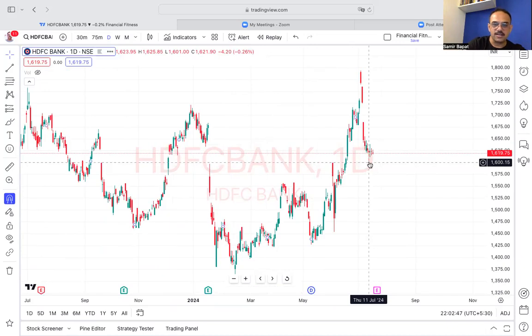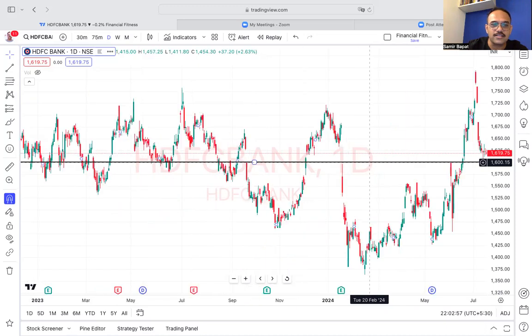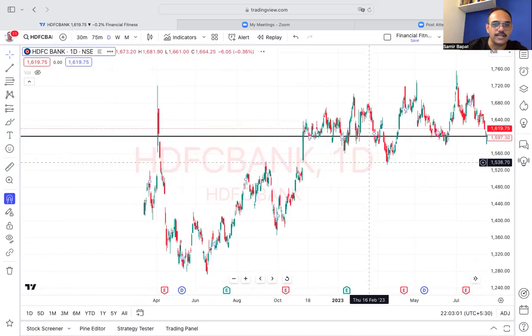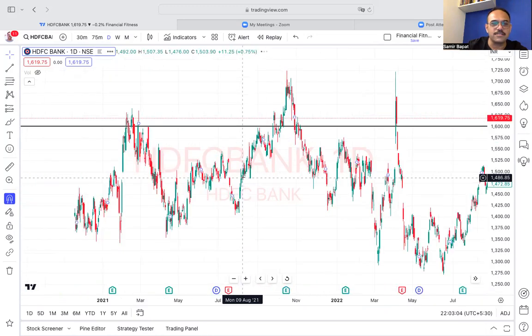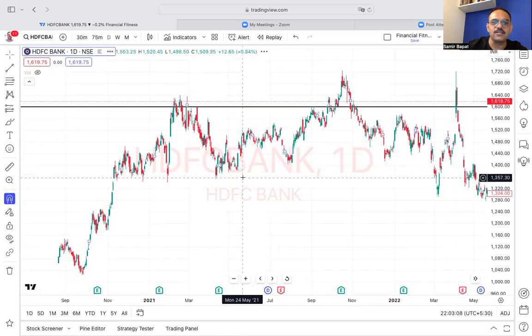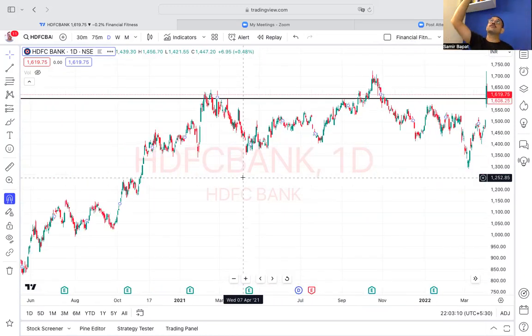Resistance means the ceiling. If you throw a ball and it hits the ceiling and comes down, that is resistance. So you have to see whether at this level there was any resistance. Nothing like that is visible here. In a house also, if I'm staying in an apartment, my ceiling is the floor for the person staying above me, correct?